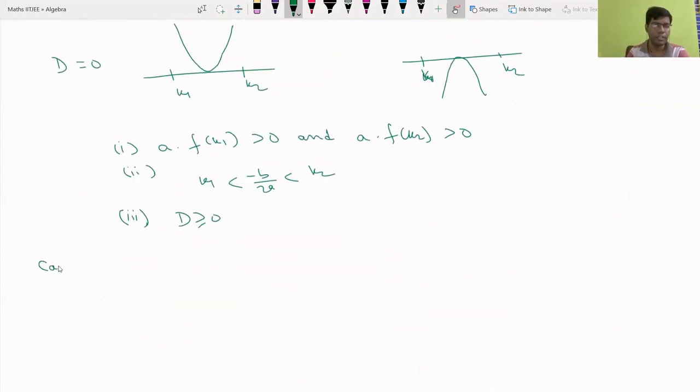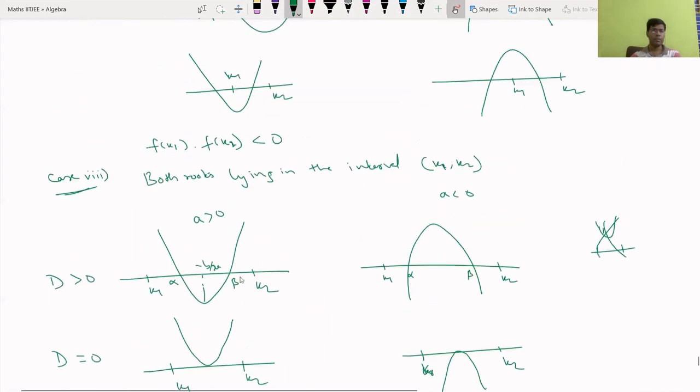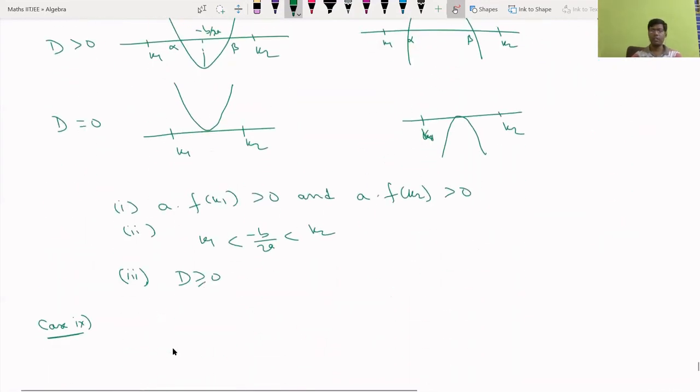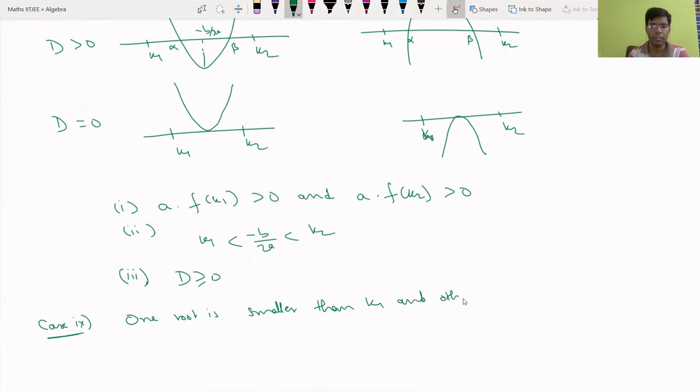So the last case, that is case 9. This was both the roots lying between K1 and K2. Now we have one root smaller than K1 and the other root greater than K2.